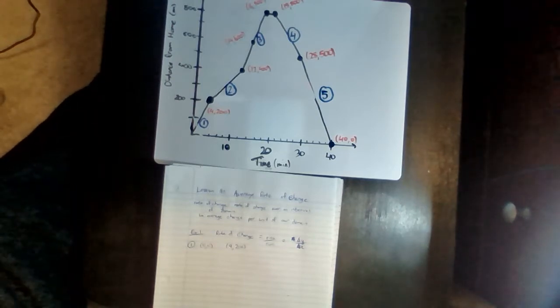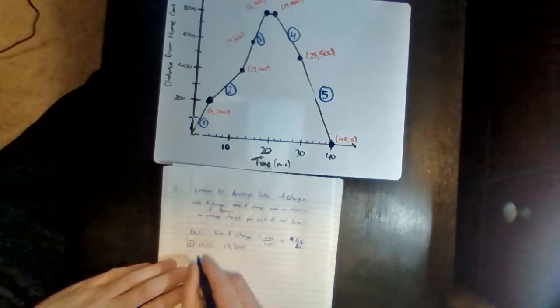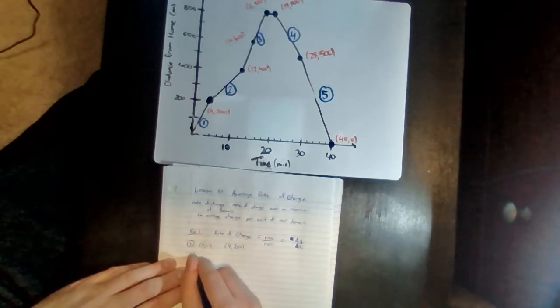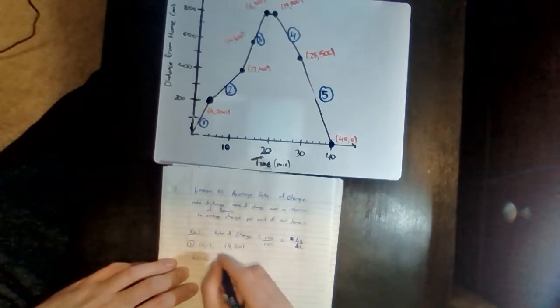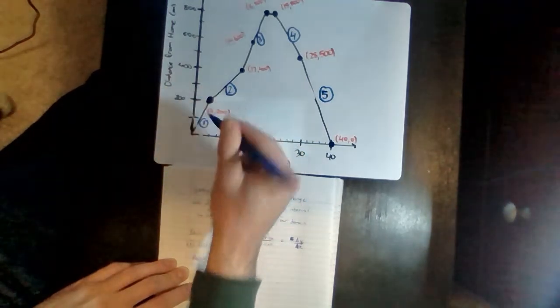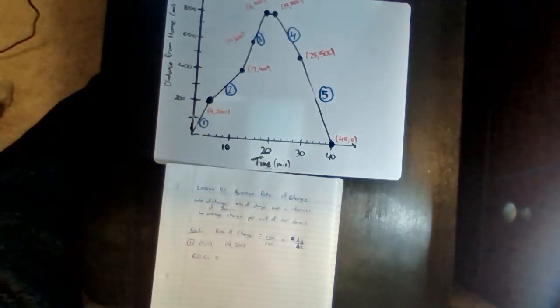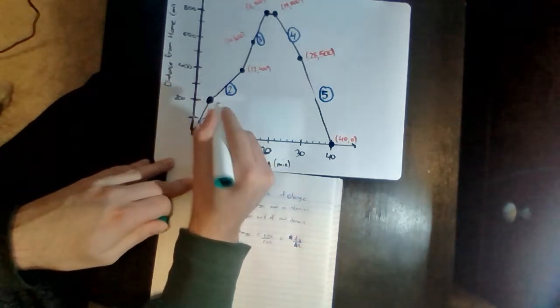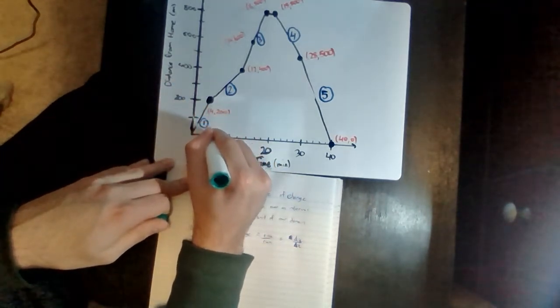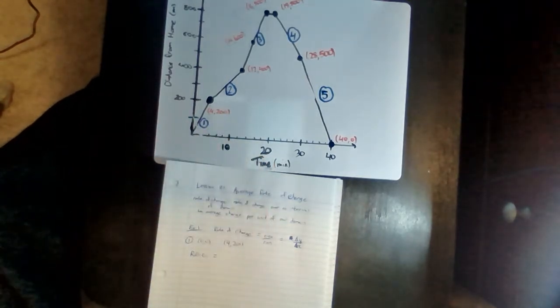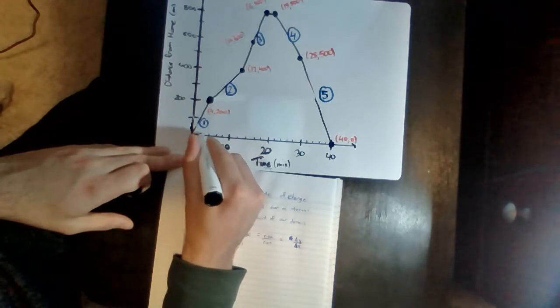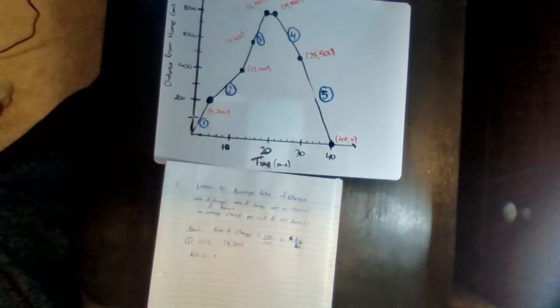So for that first section of the trip, we would calculate the rate of change, or the ROC for short, as the rise. So how much we're increasing in y. We're increasing 200 meters in this case.